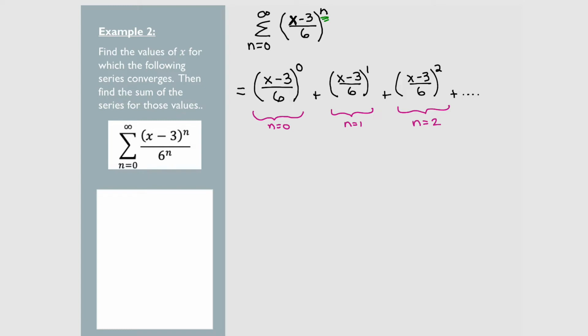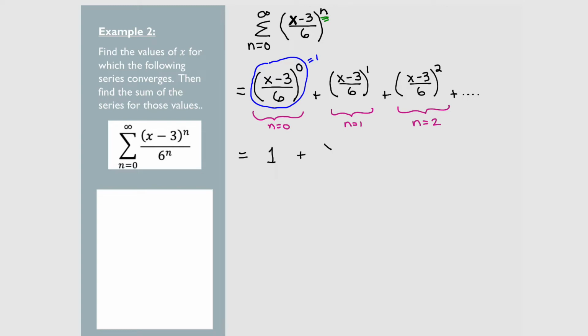If I do a little bit of simplification, we talked about last time how anything to the 0th power is 1, and so this whole expression is equal to 1. The first term in this series is simply (x minus 3)/6 to the 0th, or just the number 1.